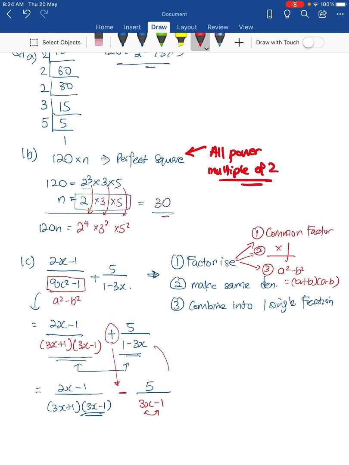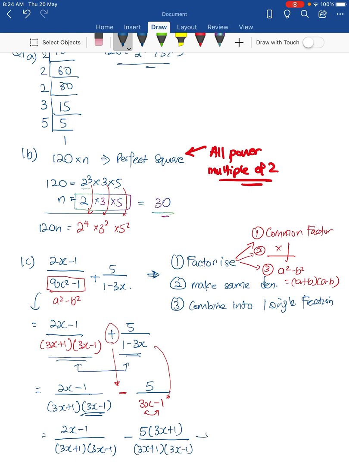Then the next step is making them the same denominator. I need to multiply by 3x plus 1 here. So there I have 3x plus 1 bracket 3x minus 1.